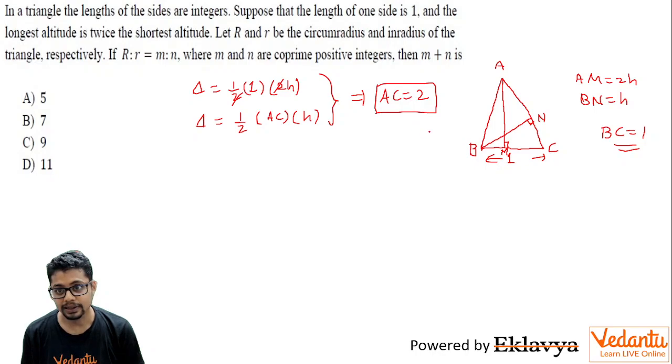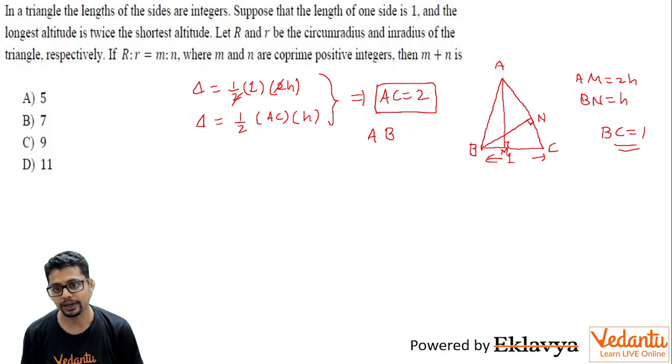So AB should be 1 or 2, but AB can't be 1, else it will not even be a triangle. Why? Because the sum of two sides is always greater than the third side, and if AB is 1, then AB plus BC is 2, which is the same as AC. So AB has to be 2, because the side lengths are natural numbers and AB can't be greater than 2, since AC is the longest side length.